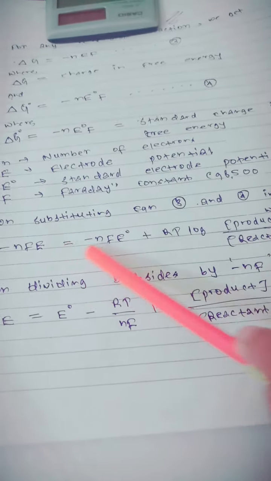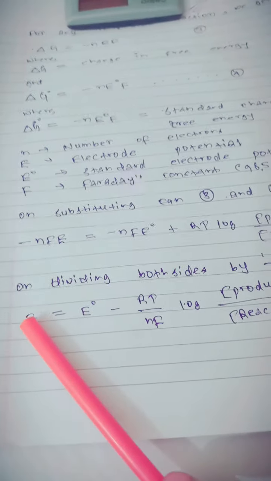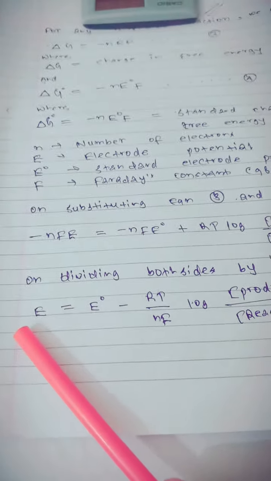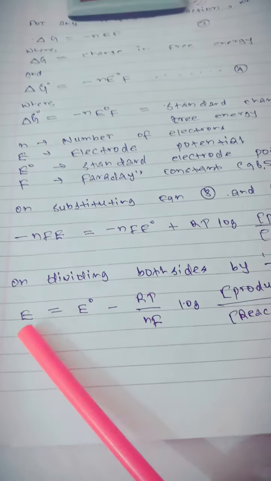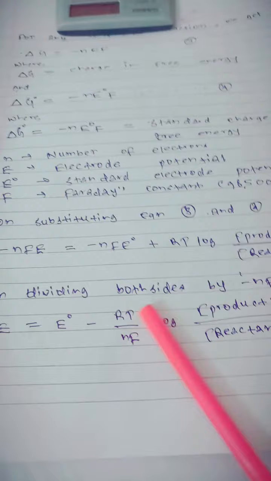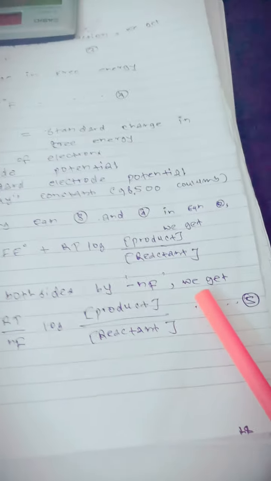If I divide by minus nF, then nF will cancel on both sides. After cancelling nF, what is left? Capital E is equal to E naught minus RT by nF into log of product by reactant. This is my equation 5.